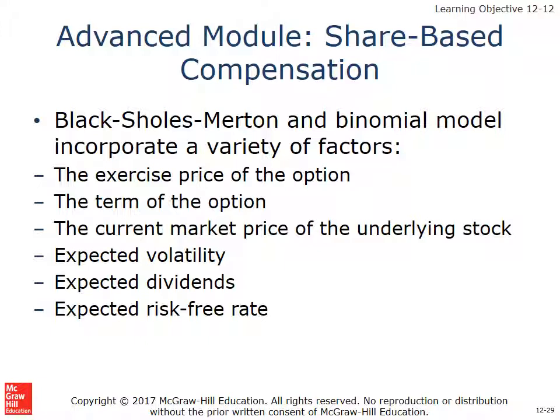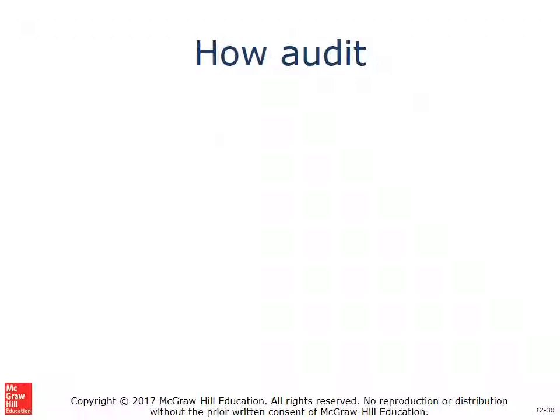So that is the amount that the employee can buy the stock at, the term of the option, how long do they have, the current market price, how they expect the stock price to change, the volatility of it, any expected dividends, any expected risk-free rate. So these items are all taken into account in this model to determine the compensation value that should be included in the financial statements.